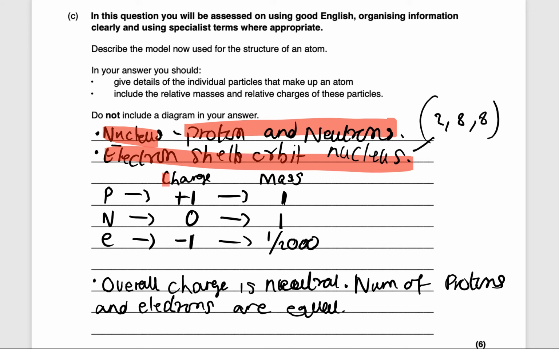You get 3 marks for the charges and the masses in the correct places for proton, neutron, and electron. And if you wanted to add some additional information, you could say that the overall charge is neutral, or the overall charge of the nucleus is positive. Okay, and that will give you 6 marks for that answer.